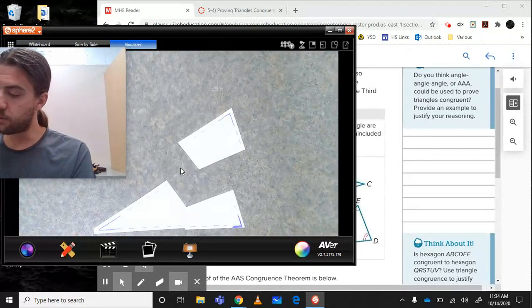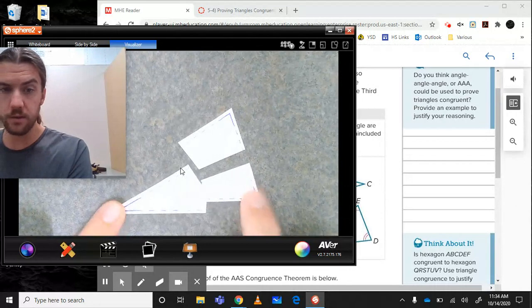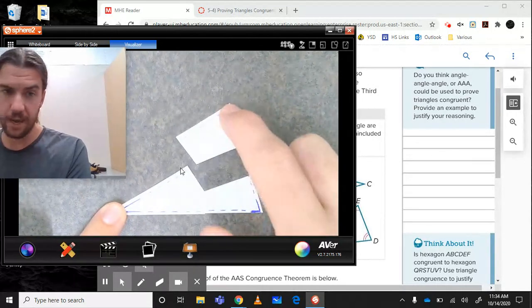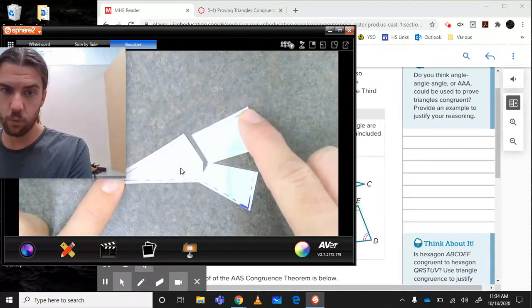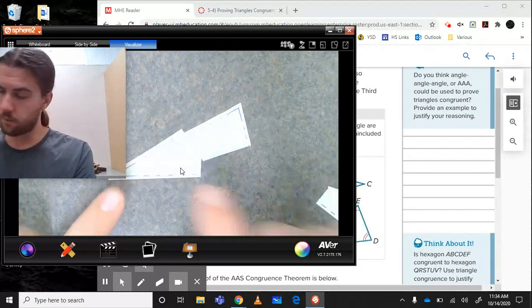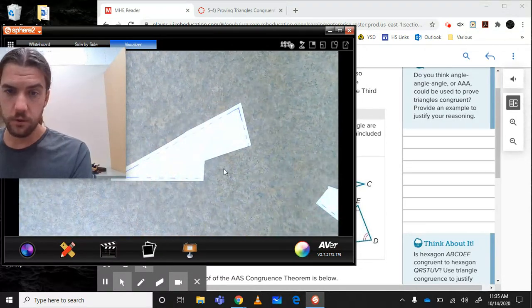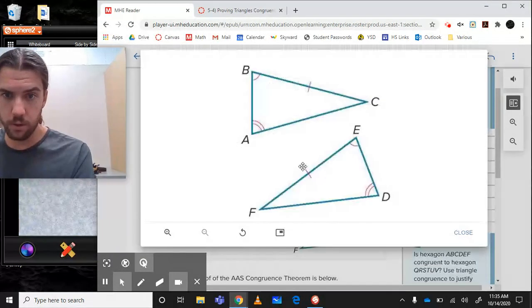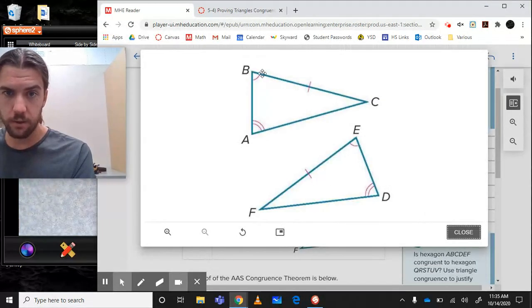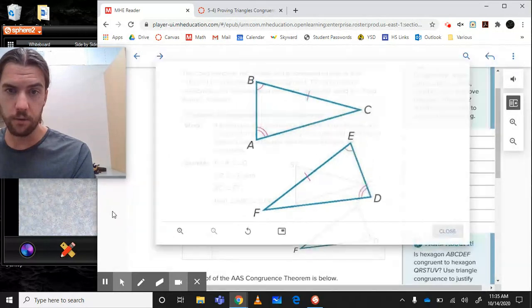We didn't know the included side, but knowing these two angles gave us that angle. So if we're calling this length right here our non-included side that we've been given, just like in the picture, the non-included side is the one that's not between the two angles that are given.